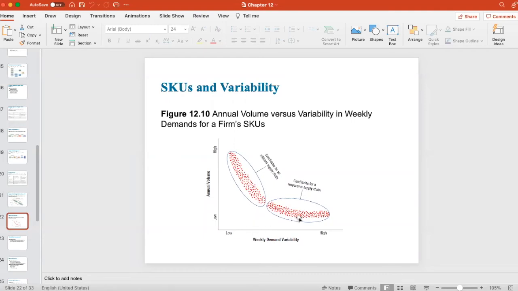However, for those responsive supply chain types of products or services, normally the volume itself is relatively low compared to those products within the efficient supply chain process. However, the variability, or we say the flexibility, of this whole process can be relatively higher.